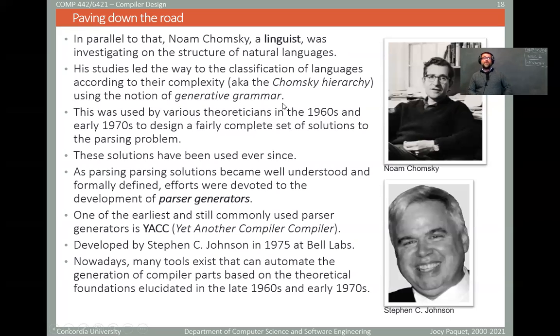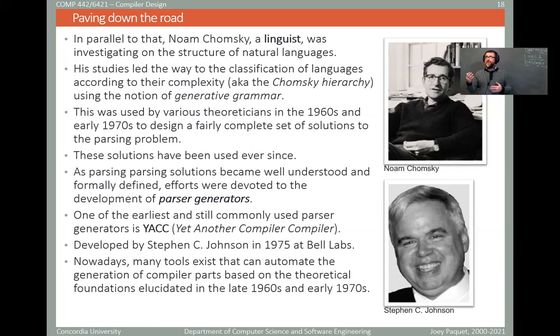So a generative grammar is you have a list of rules that define your language, that define different building blocks of the elements of the language that you are using. And then essentially what you're doing is you're defining these rules, and then by applying these rules in a certain order, you can actually generate, for example, sentences in this language.